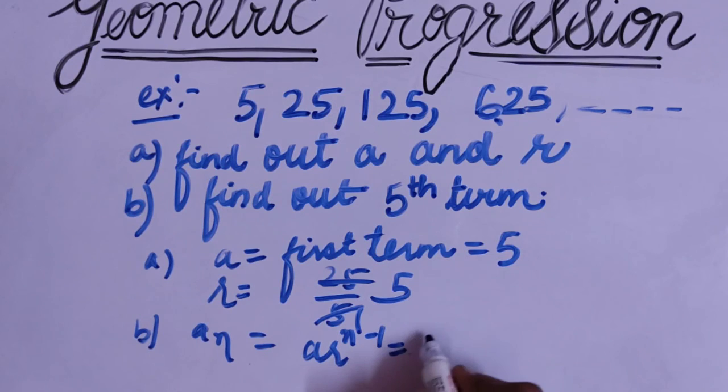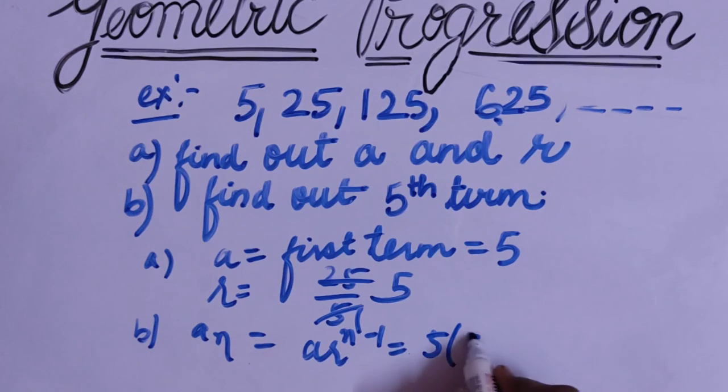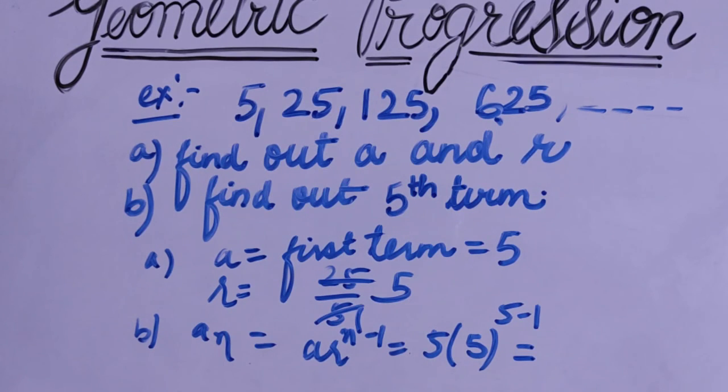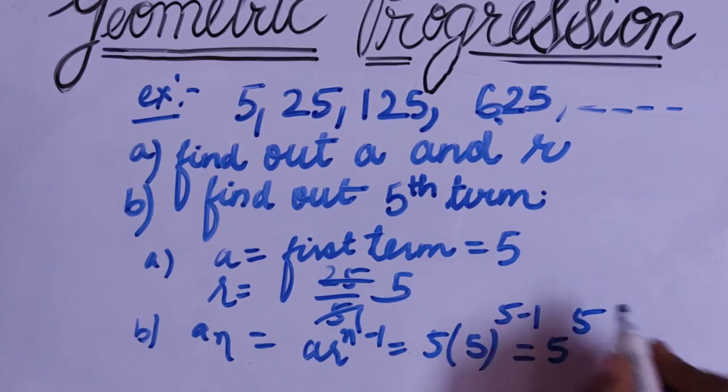Here a is 5, r is 5, and n means whichever term you have to find. As here you have to find the fifth term, your n will be 5. So by using the formula it will be 5 into 5 raised to the power 4. I hope it is clear to you. So when we solve it, what will we get? We will get 5 raised to the power 5.